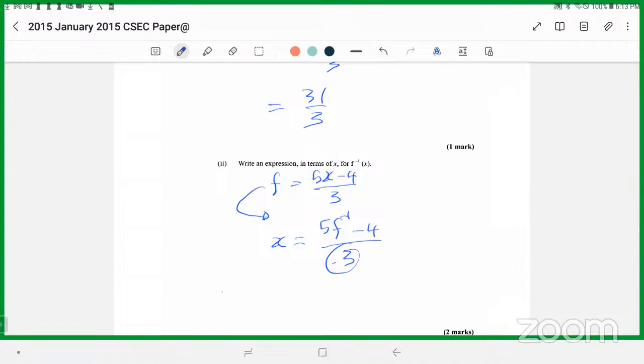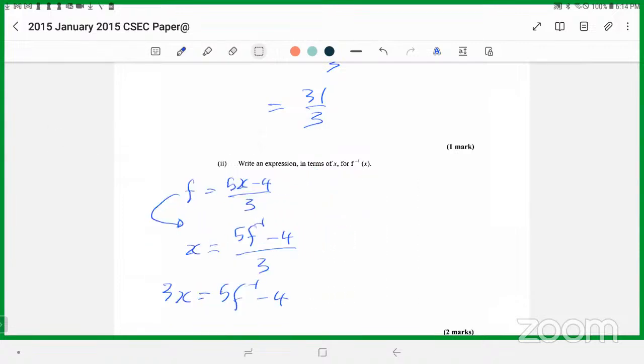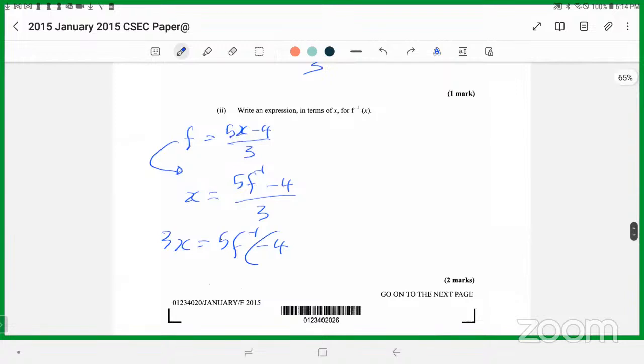First, we're going to multiply across here by 3 and get 3x equals 5f to the minus 1 minus 4. Let me shift this over. Then to make this a subject, we're going to take the 4, add it over here, and then divide by the 5.